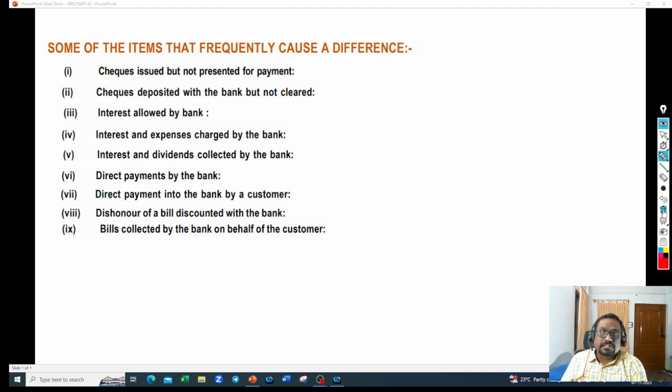You should know all these things, and how those reasons cause the difference. Then you will be in a position to explain them in interviews. That is the reason I explained these points in detail by comparing the passbook and cash book balance. I hope you understood the concept.